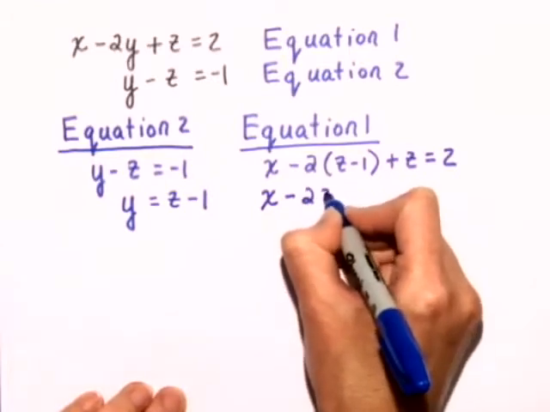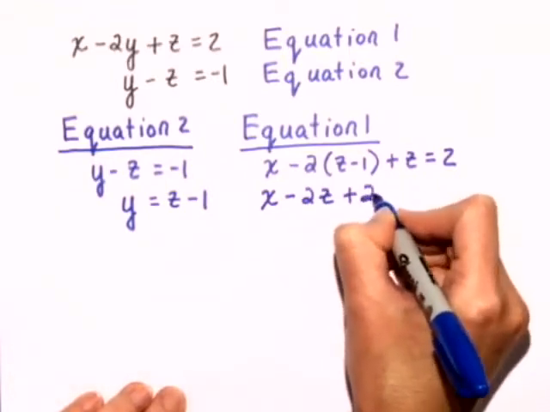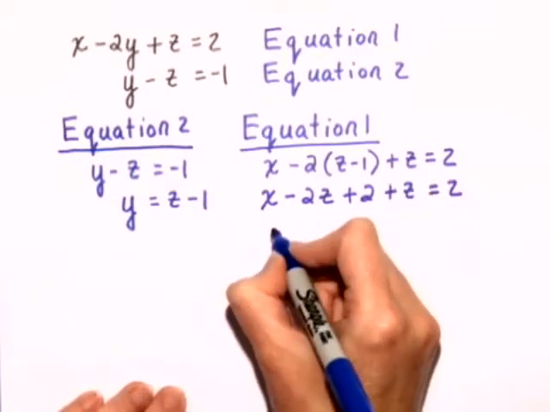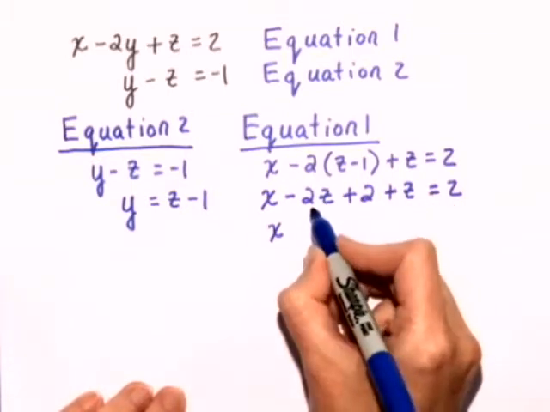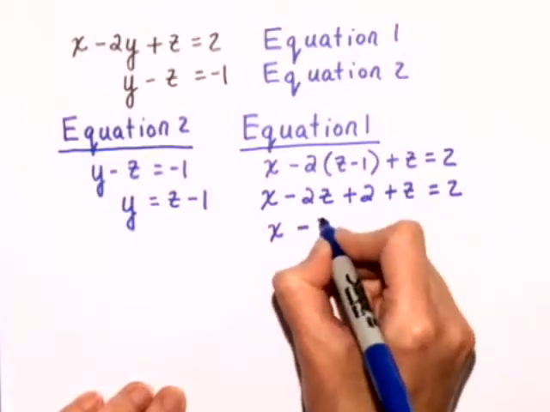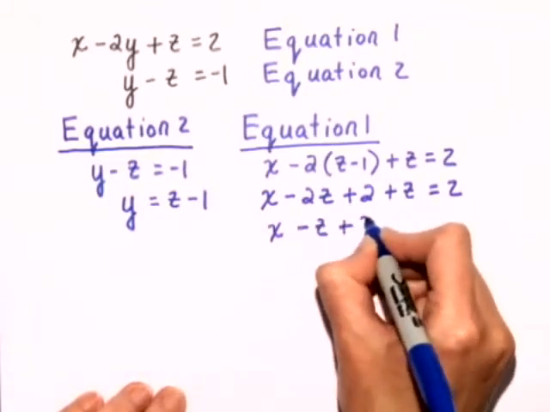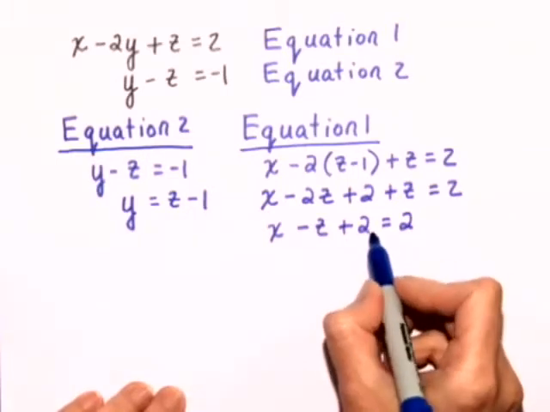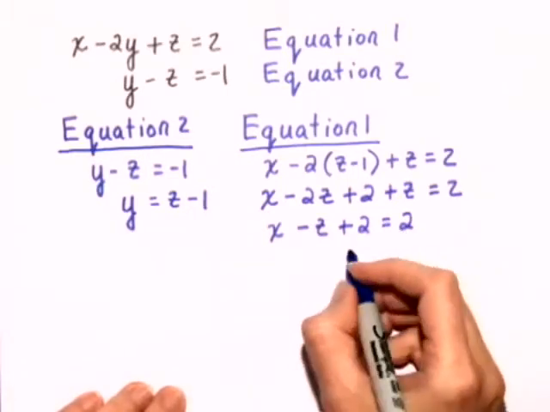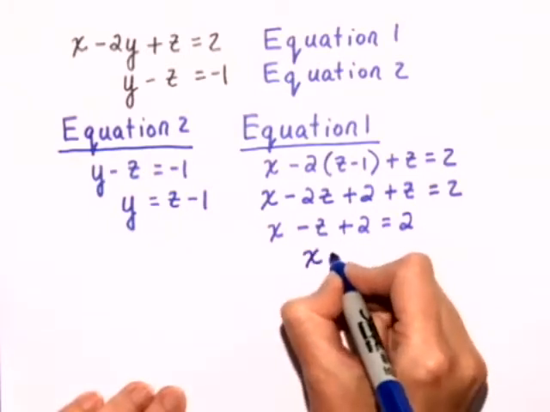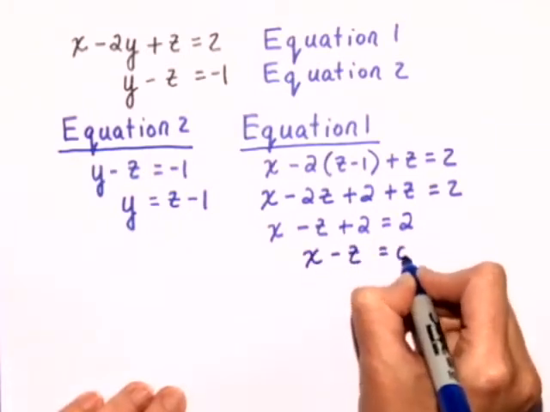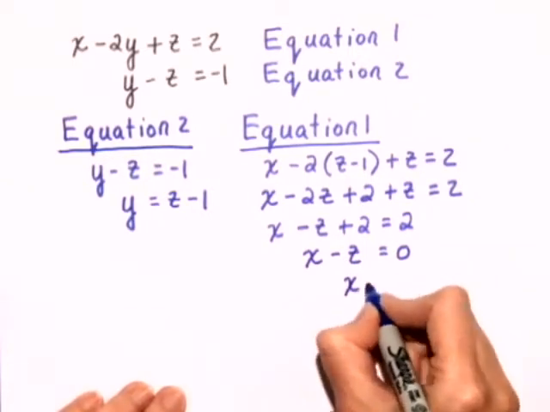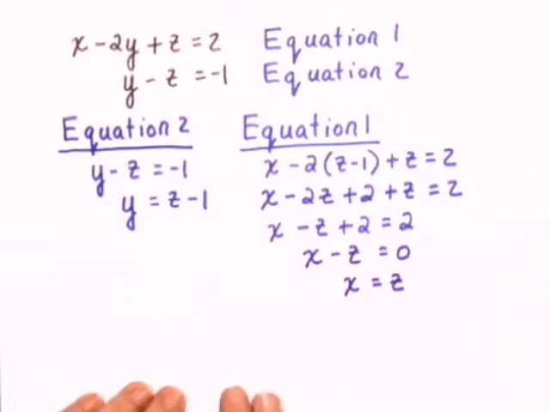X minus 2z plus 2 plus z is equal to 2. So we have x minus 2z plus z gives me minus z plus 2 is equal to 2. Now notice, if we subtract 2 from both sides of the equation, we just end up with x minus z is equal to 0. And if we move the z over, we get x is equal to positive z.